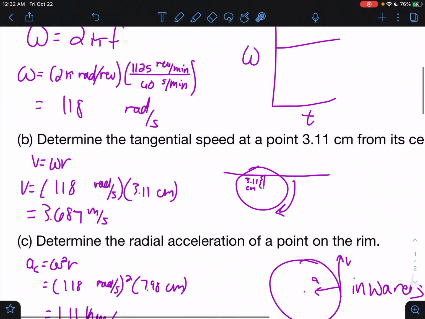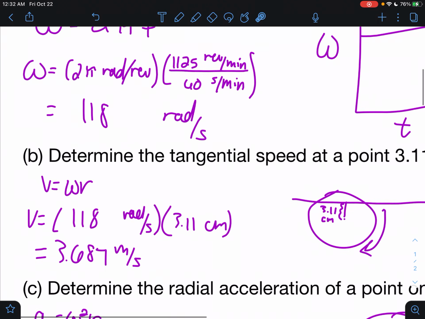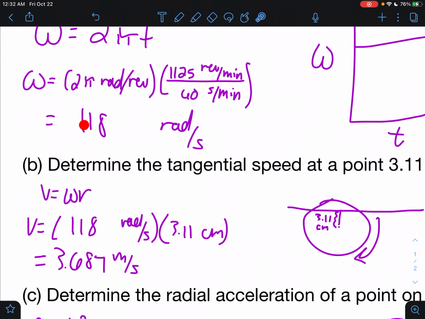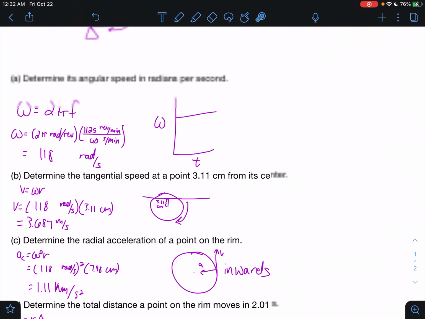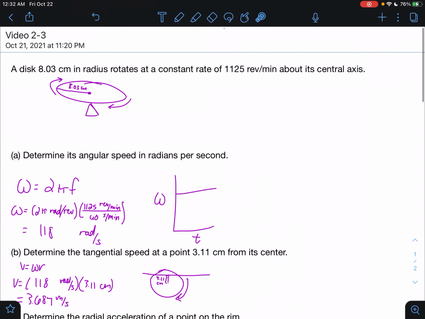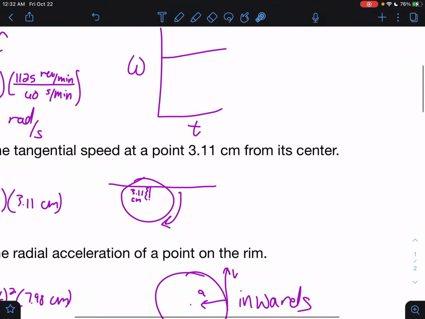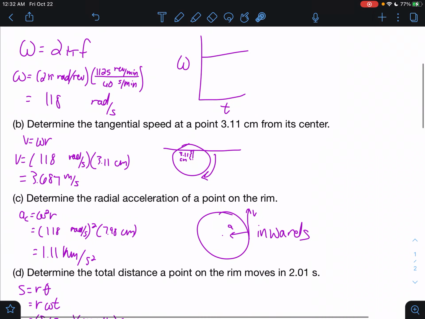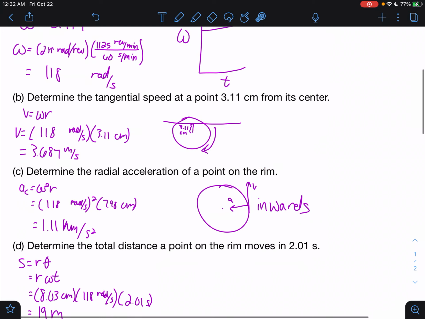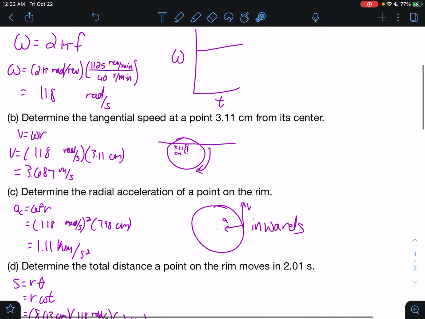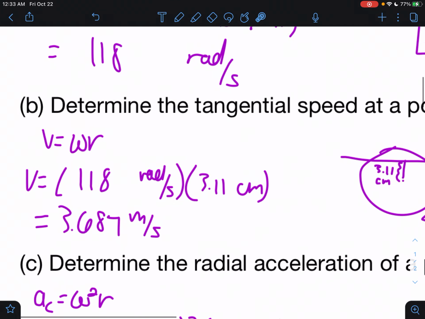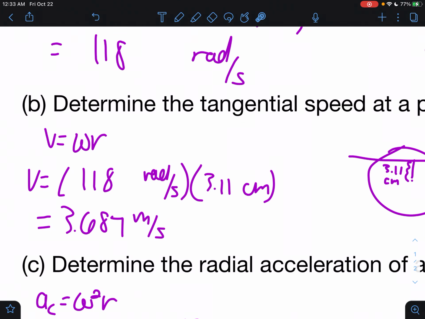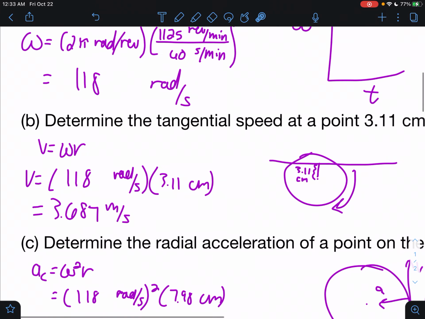So this is 118 radians per second, which is again that really important number that we found in part A, and then it's 3.11 centimeters and not the 8.03 because we're looking at a certain point from the center. Later when we talk about the rim, that'll be something different. But since it's giving us this distance, then we know that it's there. So it ends up being 3.687 meters per second.